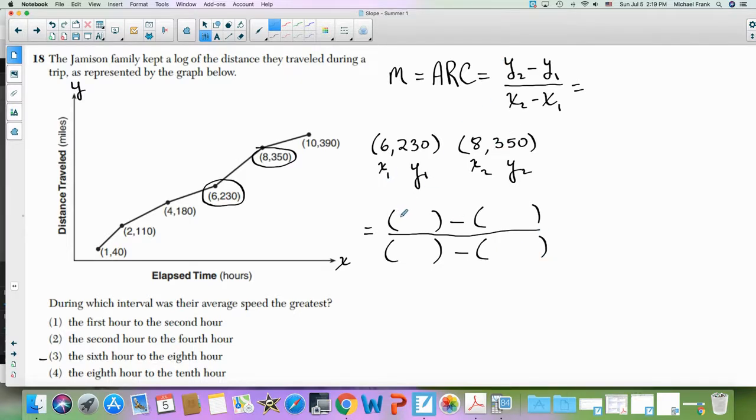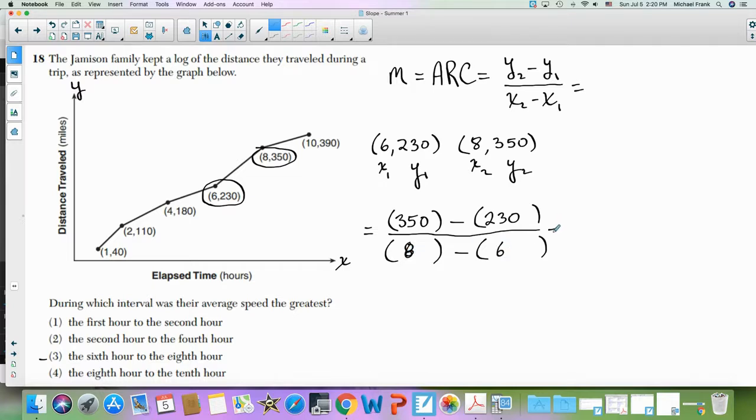Well, this first number becomes my y2, which is going to be 350. And this is going to be my y1, which is 230. Well, this underneath here is going to be my x2, which is 8, and this is going to be my x1, which is 6. Oops, almost made a mistake there.